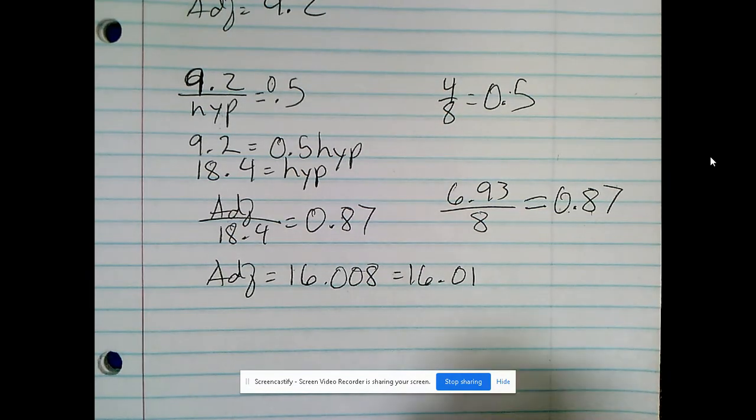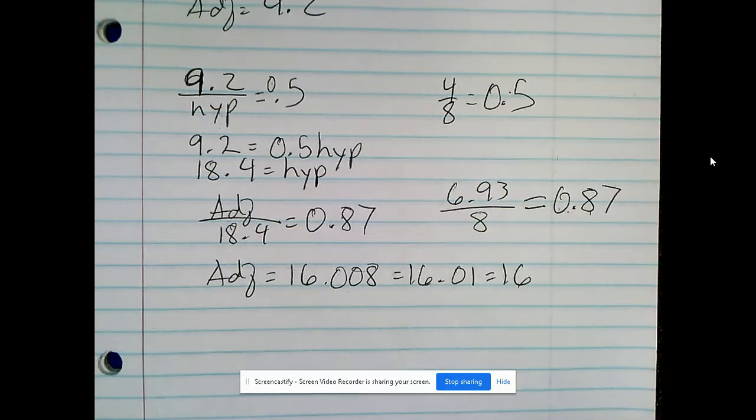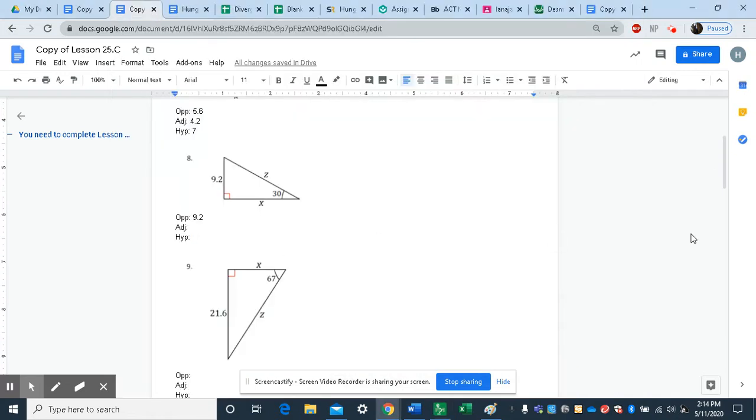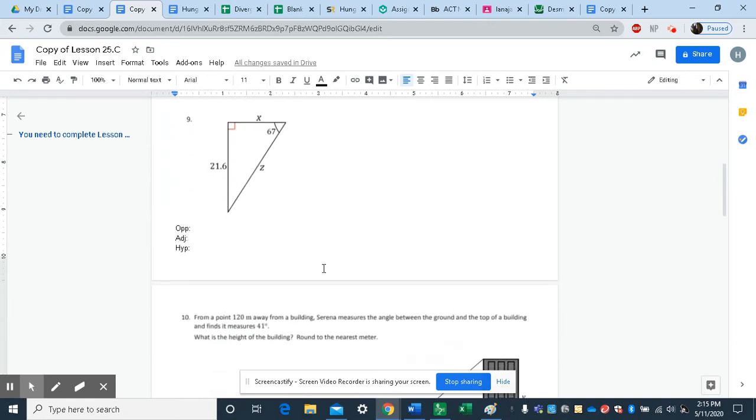And at that point, we might as well just write 16. So going back and filling in our Google Doc, our adjacent is equal to 16, and our hypotenuse is equal to 18.4. Okay?